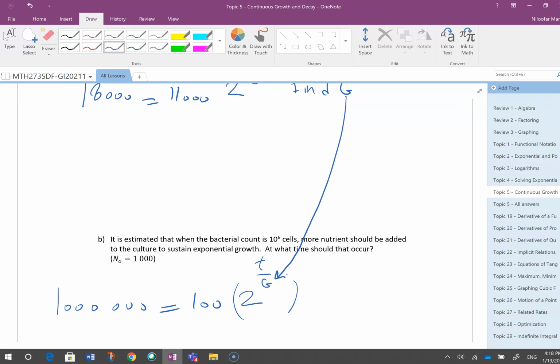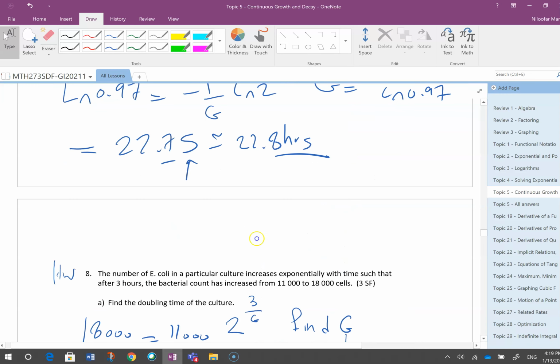You use g from there. But remember, don't use a rounded number. Don't use a rounded g. You have to use more digits, because we do not want to use a rounded number for the next step, because then the answer won't be accurate. Okay?